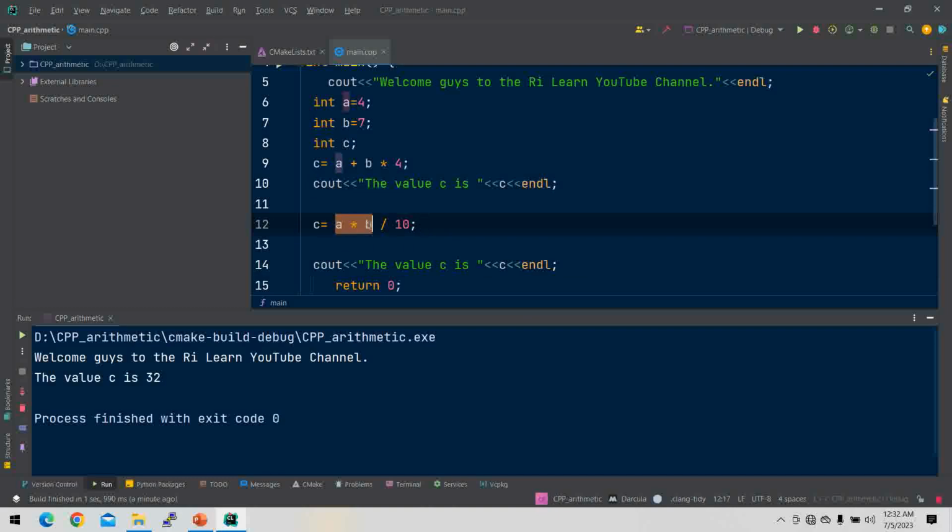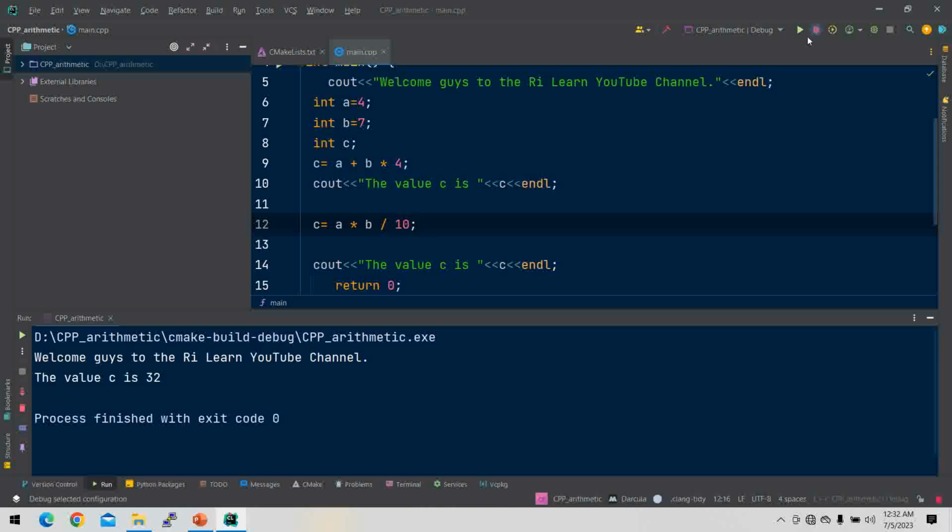This part will be executed first, then next will be this one. Okay, so a times b, the value of a is 4, then b 7, 28, 28 divided by 10, then it will be 2 point something.